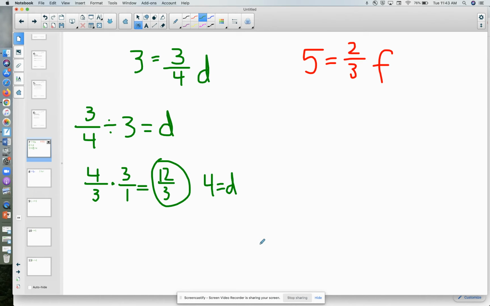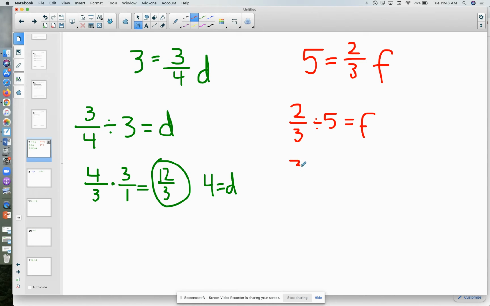Okay, like that. So let's do this one here. So 5 equals 2/3 times f. We bring 2/3 over here to the other side, divided by 5. So now f is isolated.